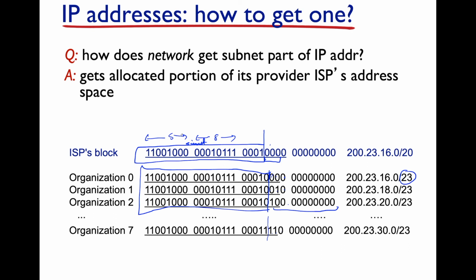Now, the good news is that if this ISP is pretty big, you can subdivide things, and each organization you give out IP addresses to can decide free and clear what they're going to do with these addresses within the block or range of addresses that were assigned to it by its ISP.